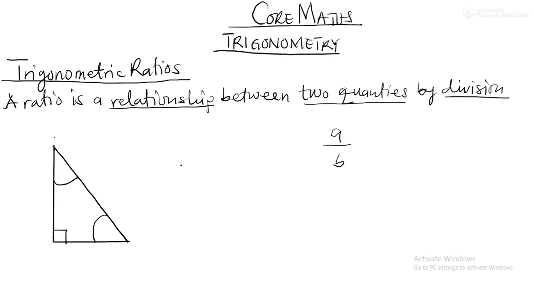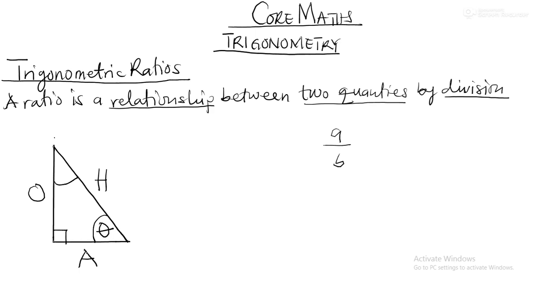In our case, we are to look at the relationship between the length of sides of the right angle triangle. We know this side to be the hypotenuse, so let's label it H. Depending on the reference angle, if we are using this angle, theta, as our reference angle, this will be our opposite, and this will be our adjacent.